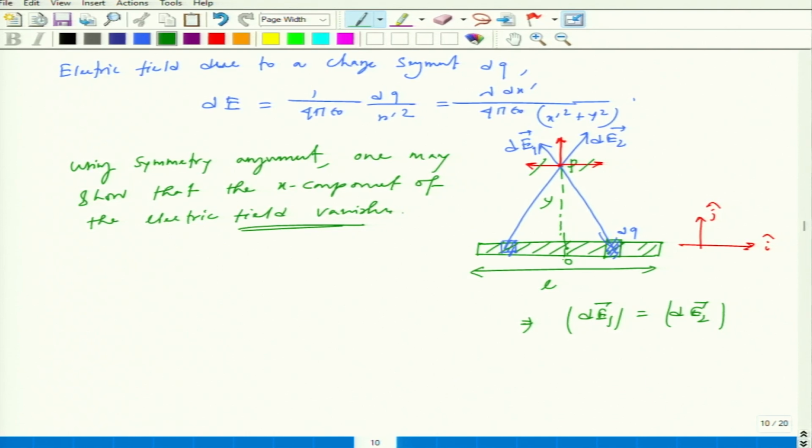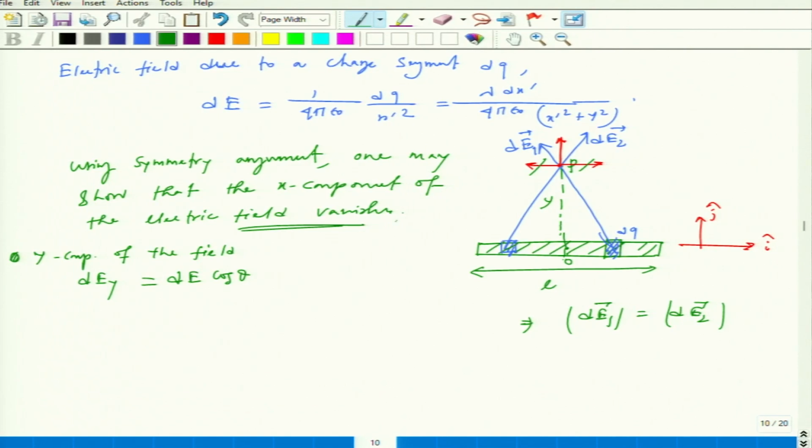Similarly, if we calculate the y component of the field, dEy is basically dE times cos theta.